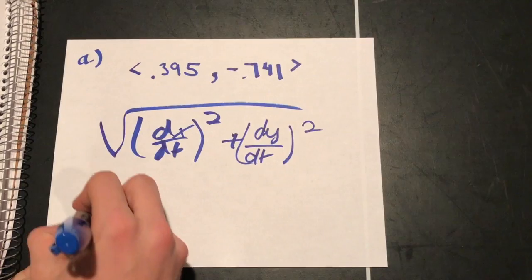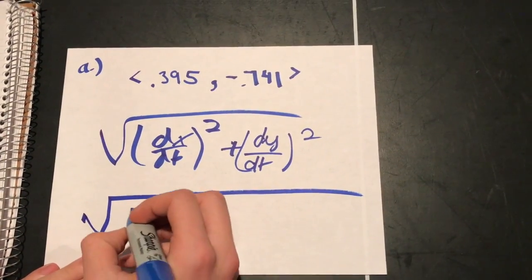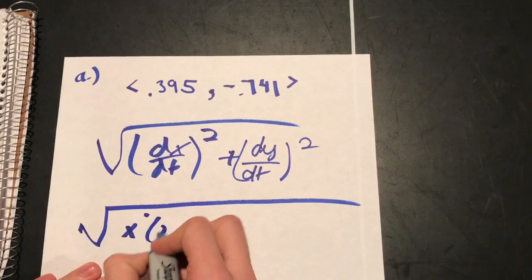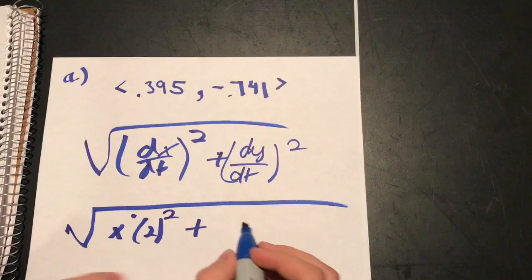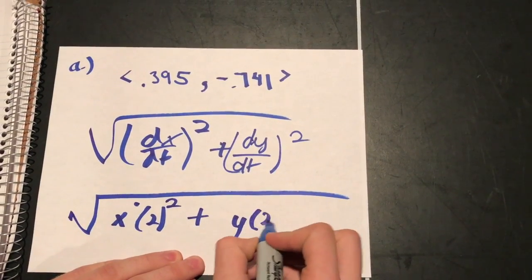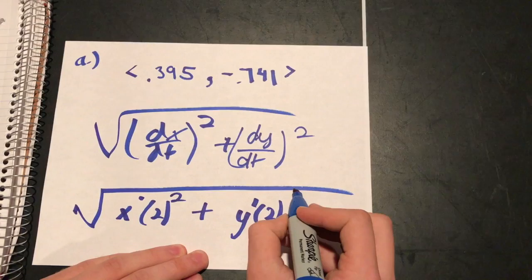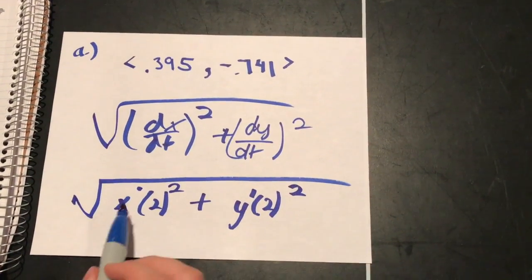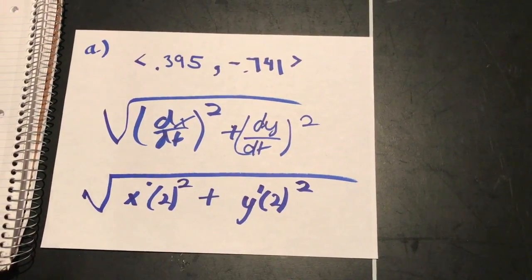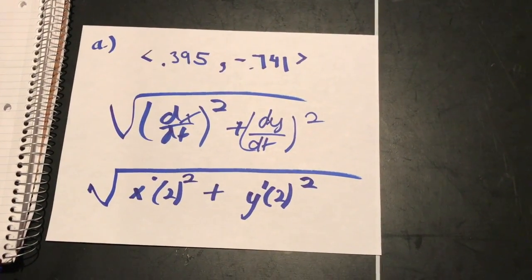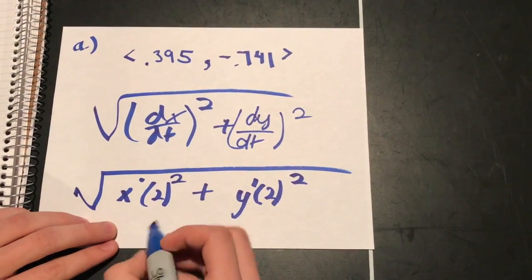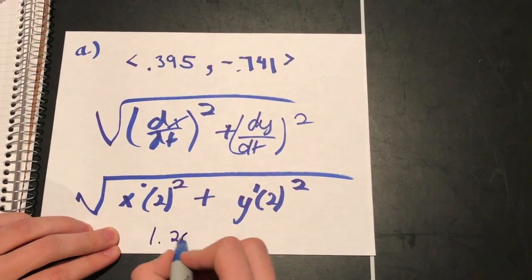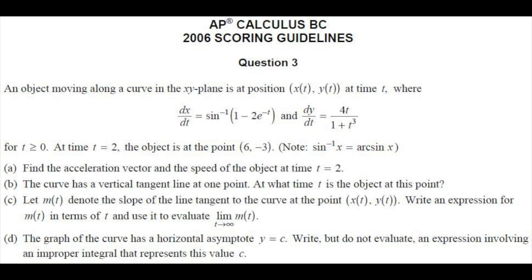So we take the square root, and we'll have x prime of 2 squared. X prime is the same as dx/dt, and so we'll square that, and then we'll have y prime of 2 squared. Y prime is the same exact thing as dy/dt as well. Once we get this, we'll plug this into our calculator. After plugging this into our calculator, we find that our speed is 1.207.